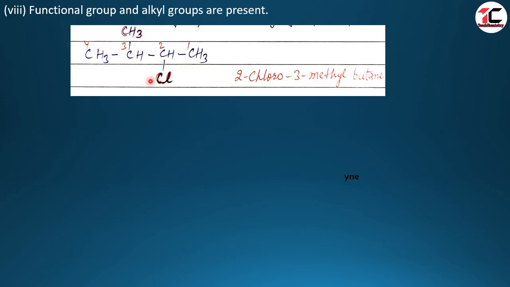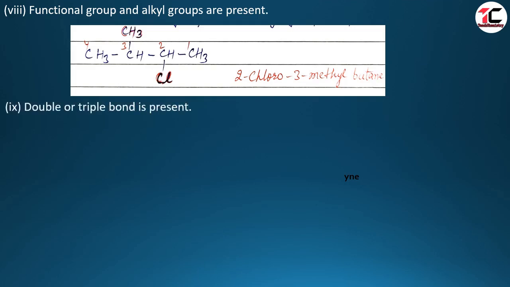Functional groups should be given priority. Now naming. At number 2 there is chlorine, so it is 2-chloro. At number 3 there is a methyl group, so 3-methyl. As it is a chain of 4 carbon atoms with single bonds, it is butane. So it is 2-chloro-3-methylbutane.